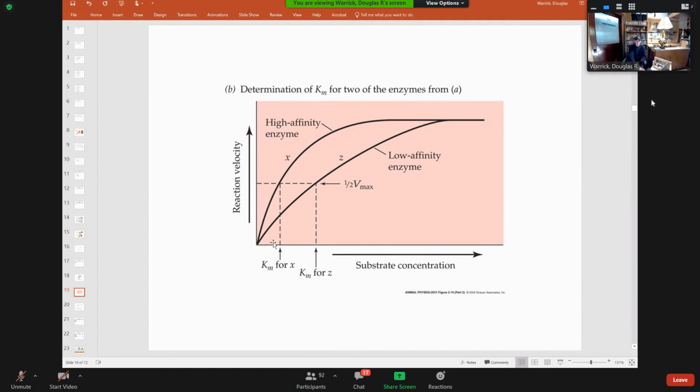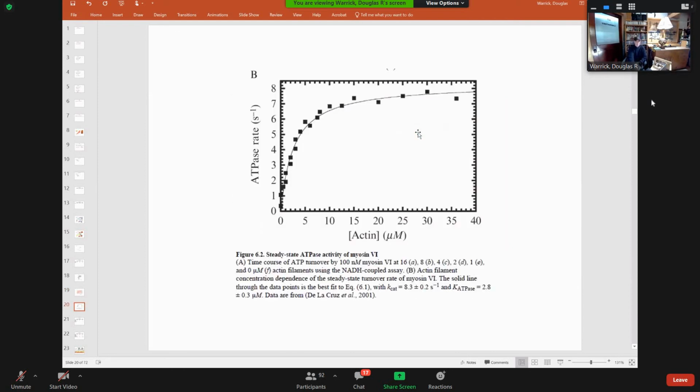Some of them will have a high affinity enzyme that will produce very fast reactions with very small substrate concentrations, versus a low affinity, that is a slow myosin ATPase activity, would have an enzyme kinetic curve much more like this, would take a lot more substrate to get the same kind of velocity. That's what we're talking about here.